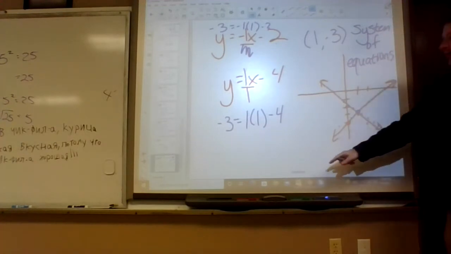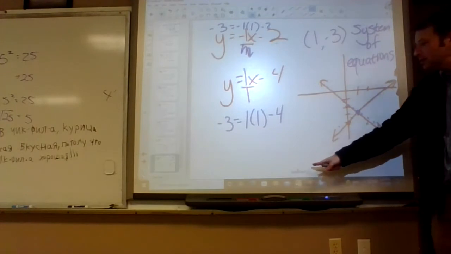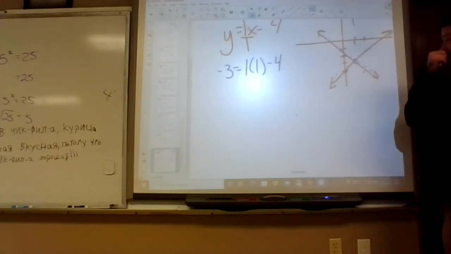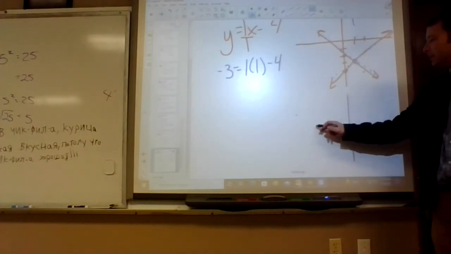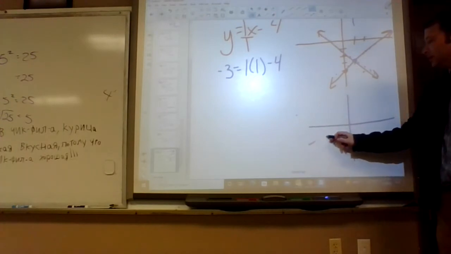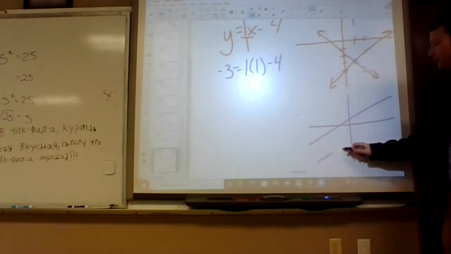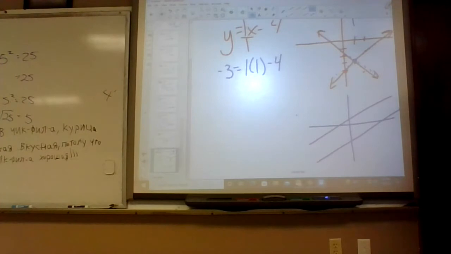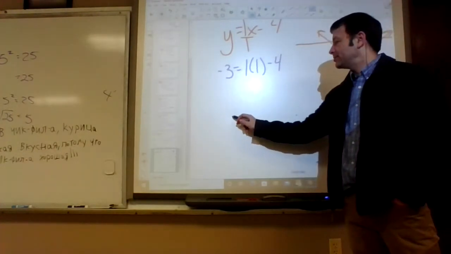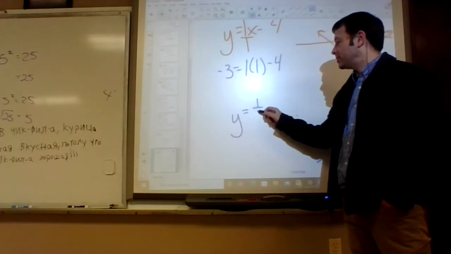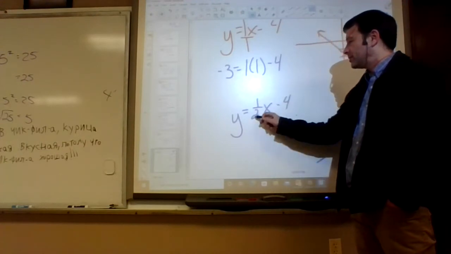Can you guys think of a graph where there's not going to be one? Right, if the lines were parallel. You guys remember what we knew about slopes of parallel lines? Exactly this. Yeah, if they have the same slope, so maybe like one of them is y equals 1/2 x minus 4, that would be the slope.